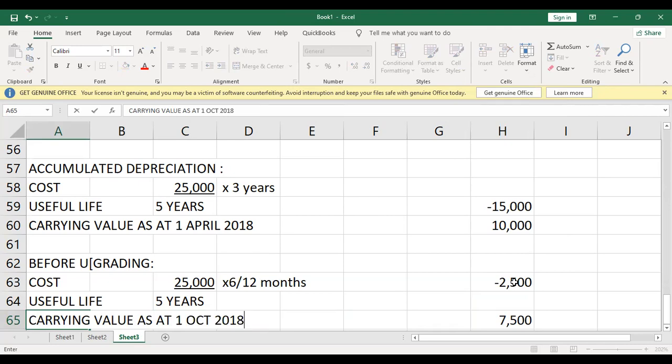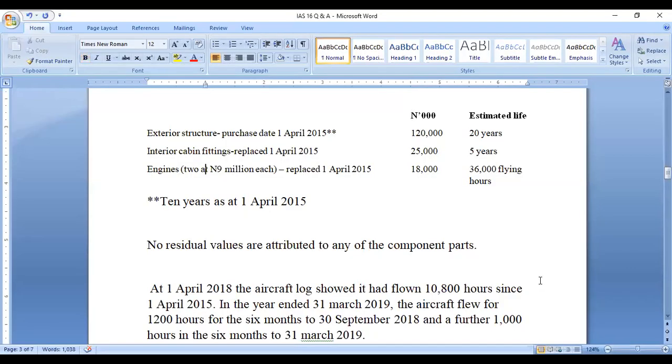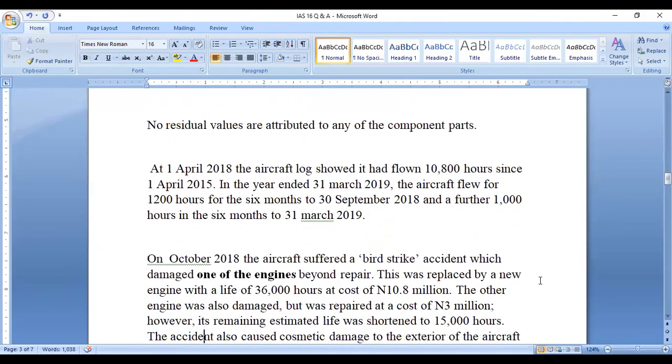So after the accident, we carried out an upgrade. And how much did the upgrade cost us? Let's go back.